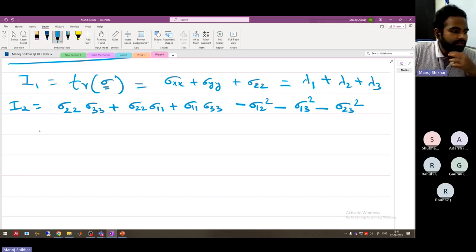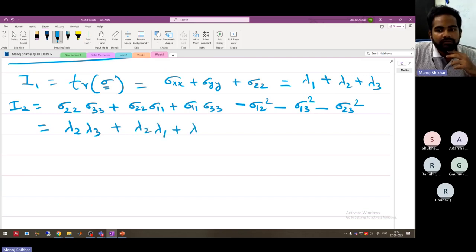If we want to write it in terms of principal stresses, sigma 12, sigma 13, and sigma 23 will be 0 on the principal plane. So we will be left with lambda 2 lambda 3 plus lambda 2 lambda 1 plus lambda 1 lambda 3.